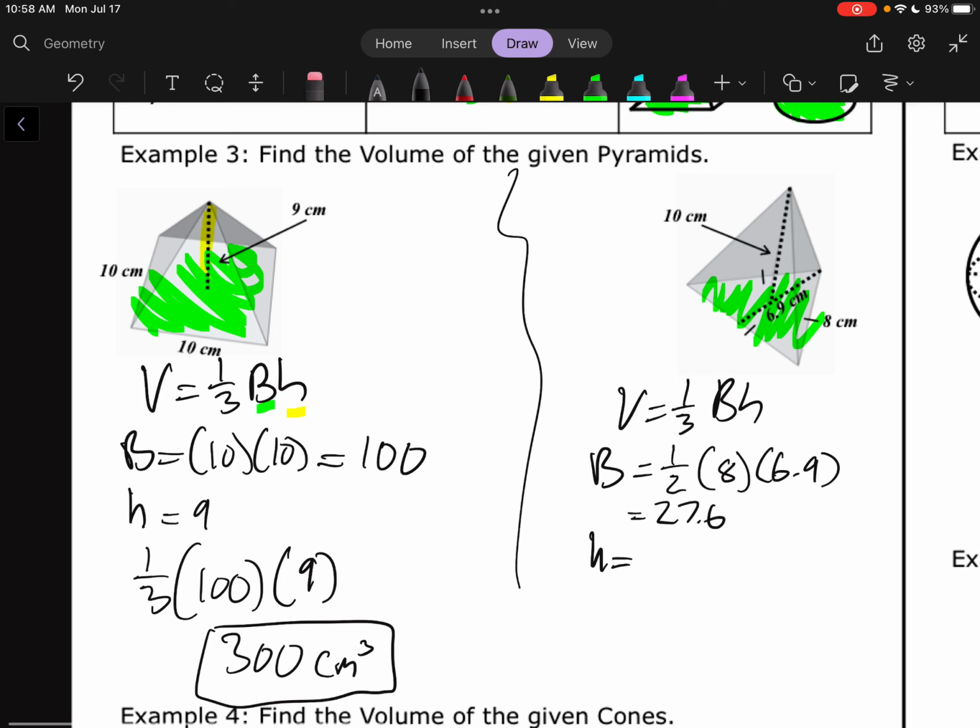The height of the pyramid is 10. So I will do 1/3 times 27.6 times 10, and I'm getting 92 centimeters cubed.